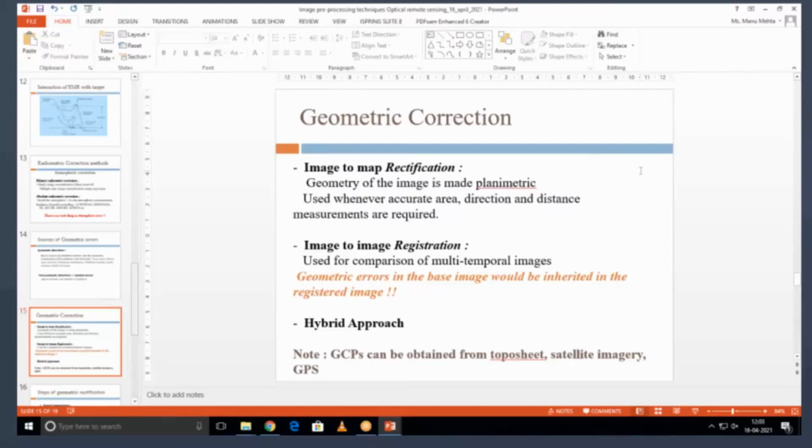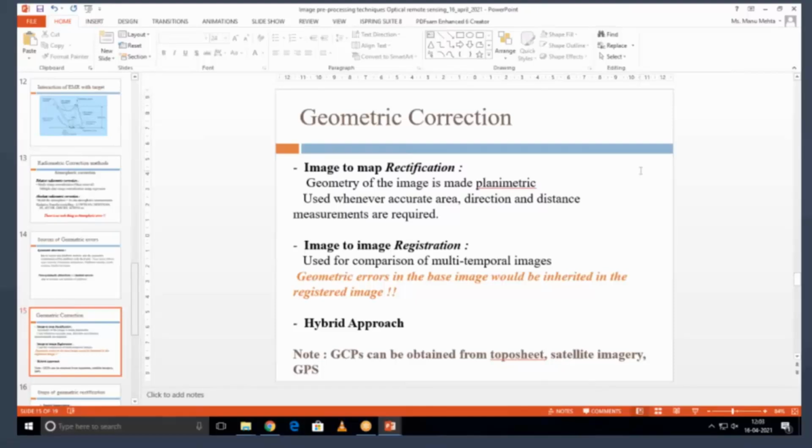So using another image which is already registered or rectified as the reference image, you can correct your base image with respect to that. Now the problem here is, whatever the geometric errors in the reference image will be inherited by the base image also.